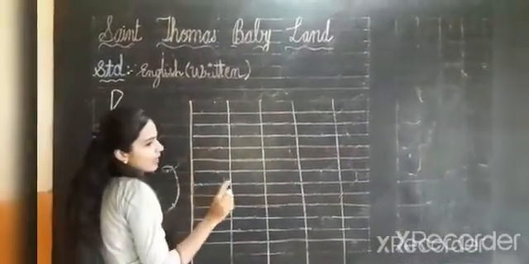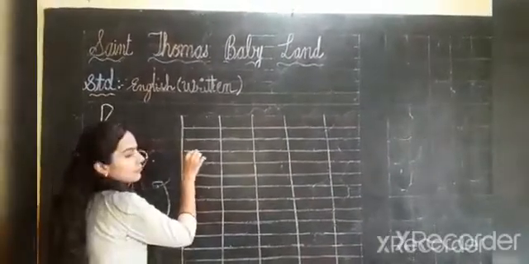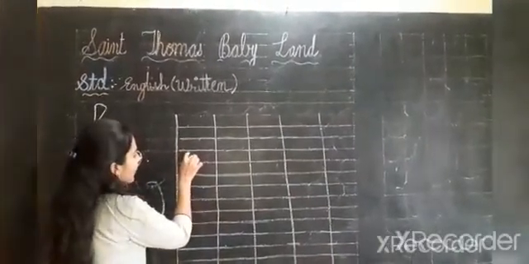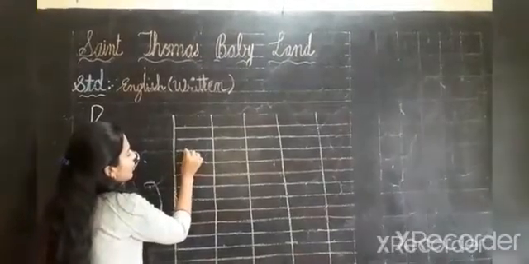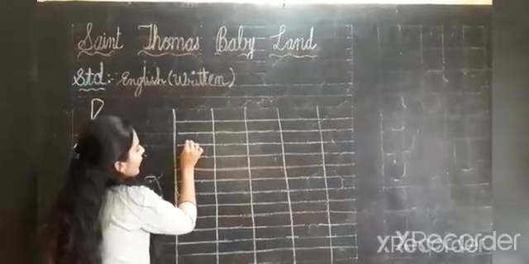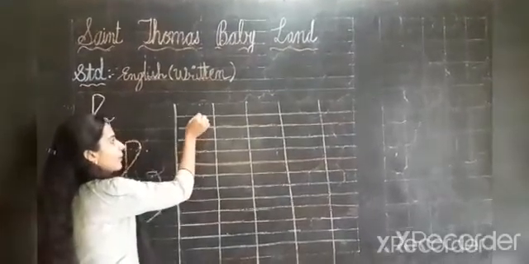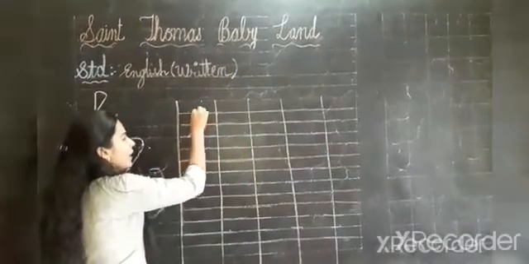We have to start from which line? From the blue line. This one line. Okay. So from the blue line we have to start and do a slanting line up to the red line. Okay. Then do a small curve.